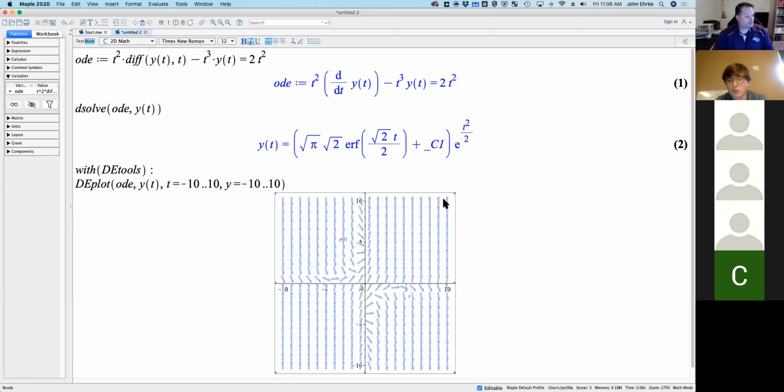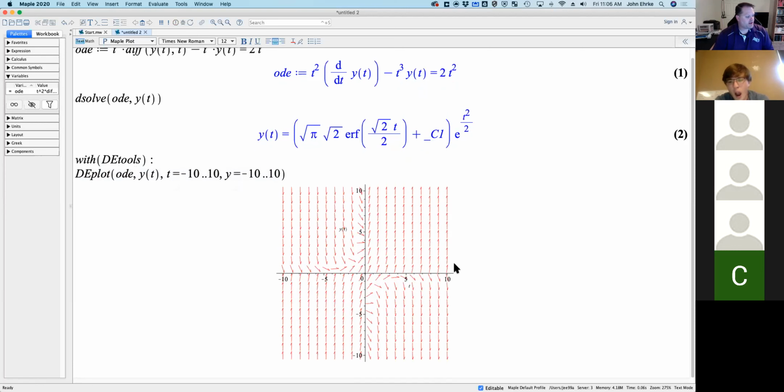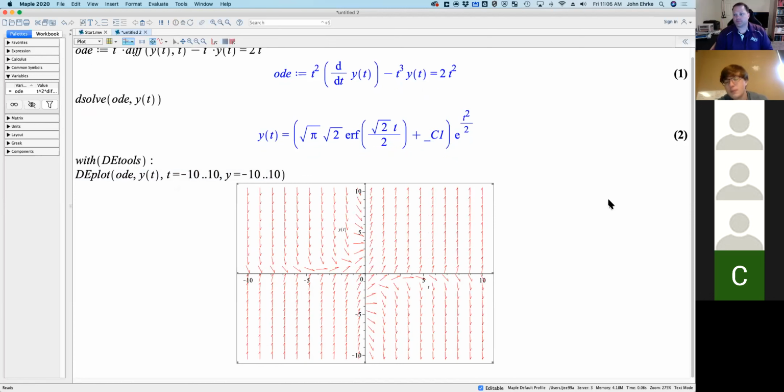Well, you can see here that this is the vector field that this differential equation creates. We call this a slope field. What this is, is an arrow. The computer is drawing an arrow at each point in the plane that I've specified, and the direction of that arrow comes from evaluating the right-hand side of the differential equation, f of t, y, at every point t comma y in the plane.